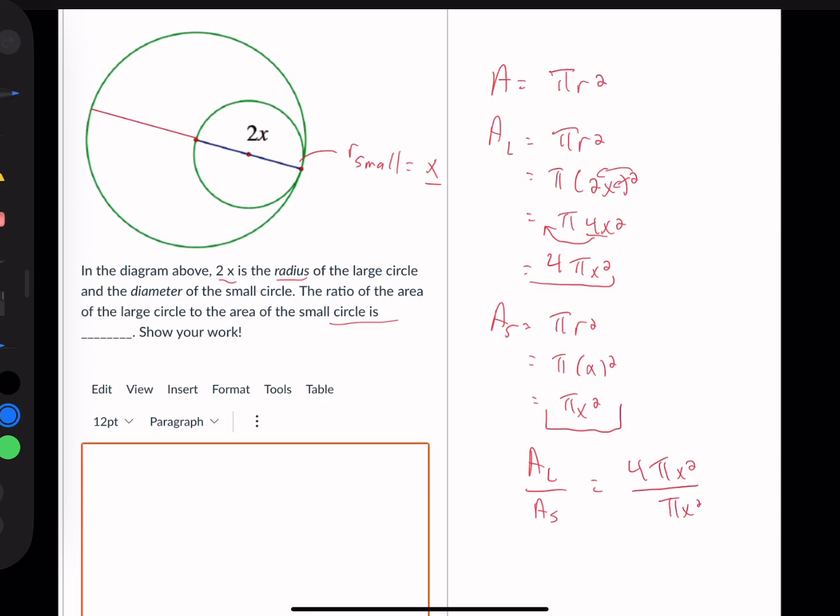And remember, just like we studied in all the polynomials division, all the terms that are alike cancel each other out. Just like this, and all you're left with is 4.